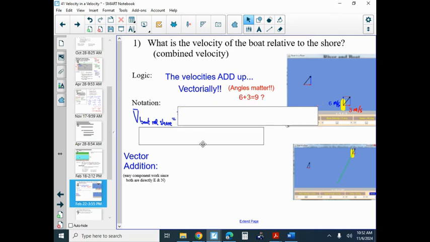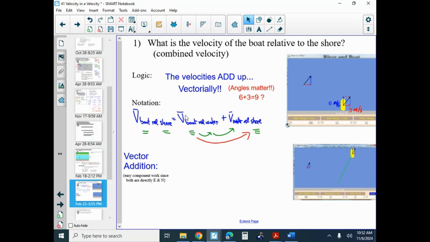And so how that looks is we have the velocity of the boat relative to the water, right? That's the boat's speedometer. Then you have the velocity of the water relative to the shore. So if you notice, we're starting with velocity of the boat, and we tie it together with velocities of the water in the middle, right? And then so basically it's like boat relative to shore in the end. So that's like a 2-step process.